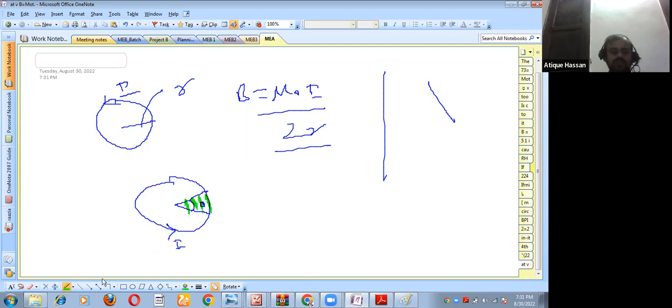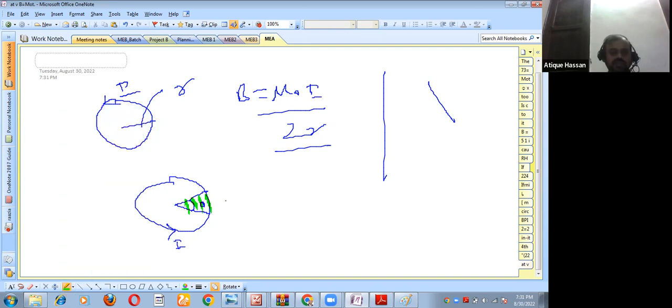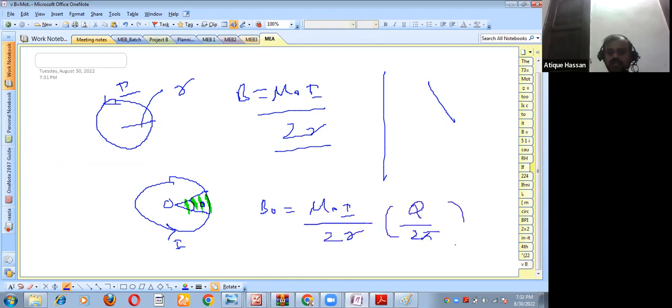What we will do is apply the unitary method, and the magnetic field at the center is mu naught I by 2R into the angle divided by 2 pi. So this is the formula for the magnetic field due to a circular arc of angle theta.